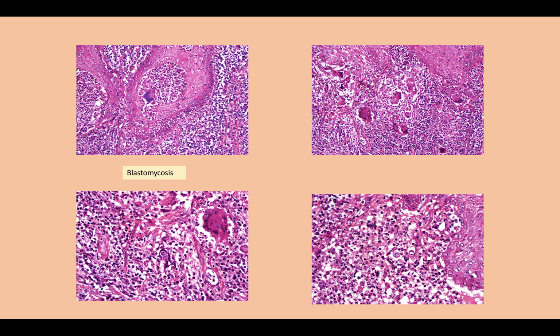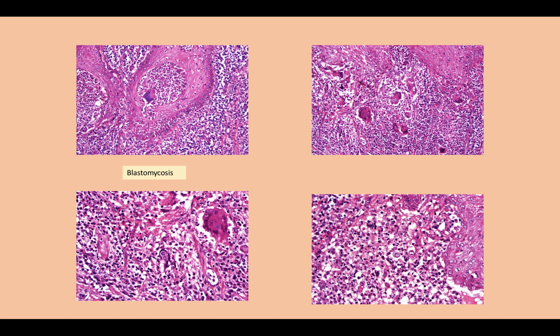Now, it depends where you are. If you live in the territory, if you like, of the Mississippi River, the Ohio River, the Great Lakes, and you see this reaction pattern and these organisms, then you can be pretty sure it's blastomycosis.